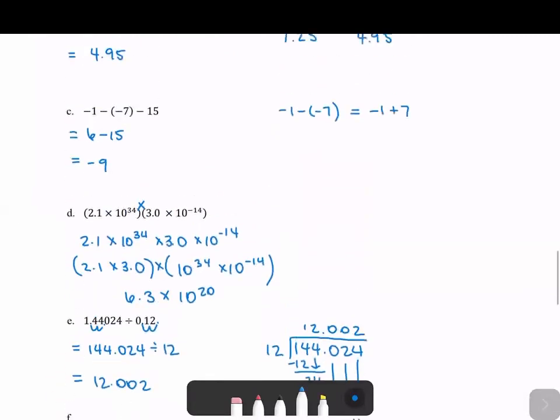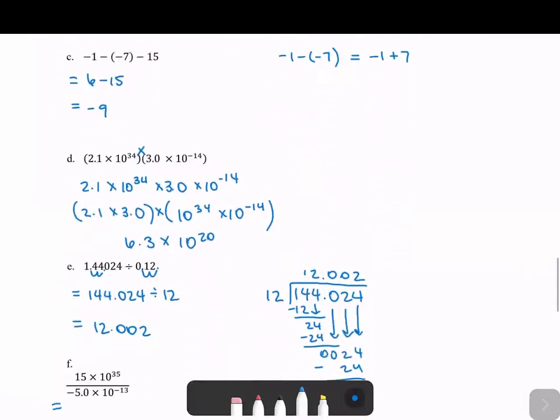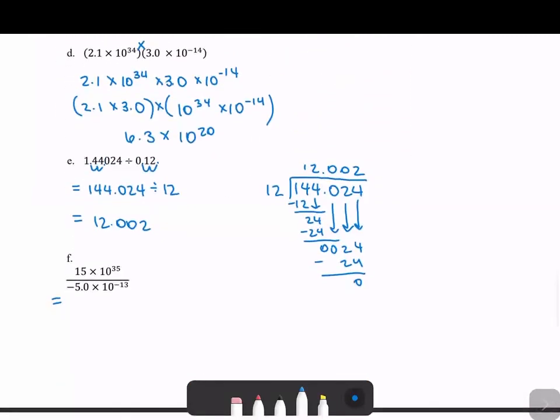So we can just divide the 10 to the power part as well as the numbers that come in front. So this is 15 divided by minus 5.0 times 10 to the 35 divided by 10 to the minus 13.